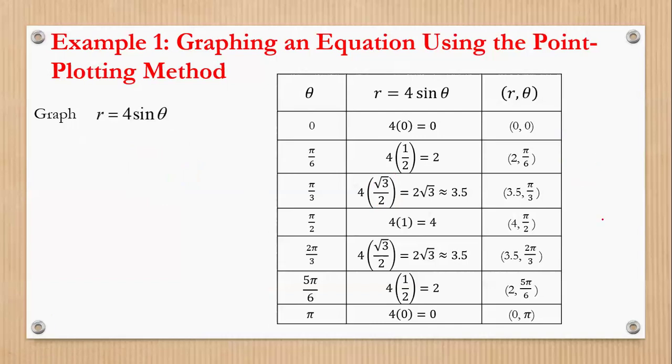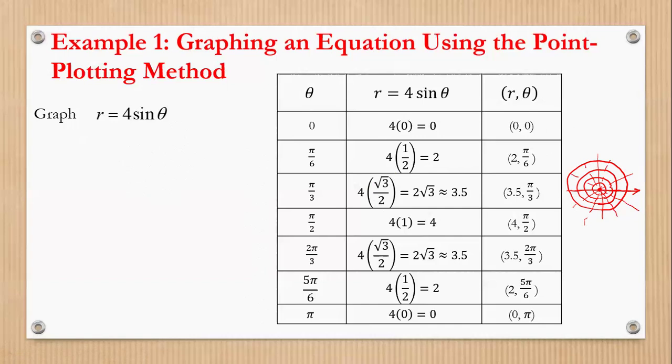In the polar grid, we have a polar axis, which is the x-axis, and we have circles with different radii: radius 1, radius 2, radius 3, radius 4. If I want to find the point 0 and 0, which is obvious, then 2 and pi over 6: pi over 6 is this line, then pi over 3, 2 pi over 3, and 5 pi over 6.